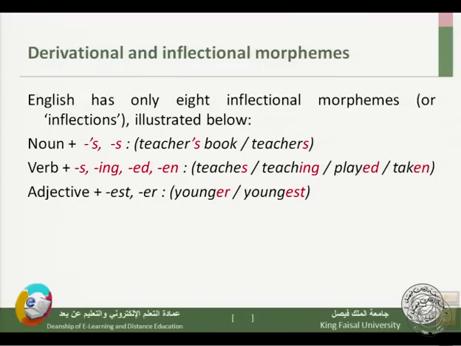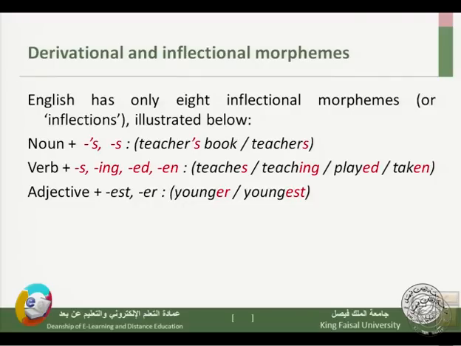In order to understand this better, let's say that English has only 8 inflectional morphemes or inflections that can be illustrated as you can see on your slides. To the noun, we can add an apostrophe s, or we can add an s.